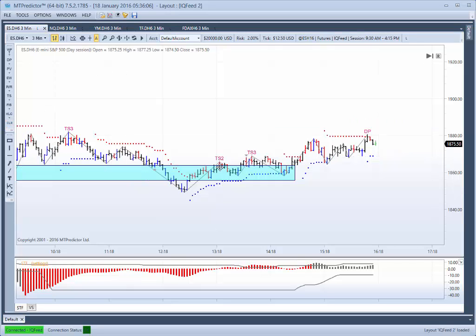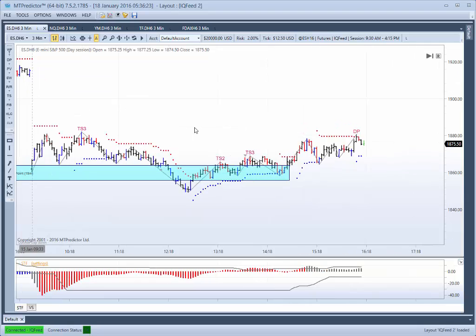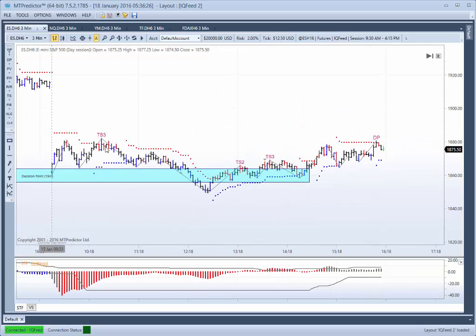So what does that now mean for these TS3 and TS2 sell setups later in the day? Well, these also were coming off a DP support, so the DP would have turned the large degree trend up. So again, you'd probably have been avoiding these, or at the very least been wary about them and not taking them. Can you see how, looking at this and seeing potential short trades, the support would probably have turned that into looking for potential long trades, so we would have been avoiding these losing trades.